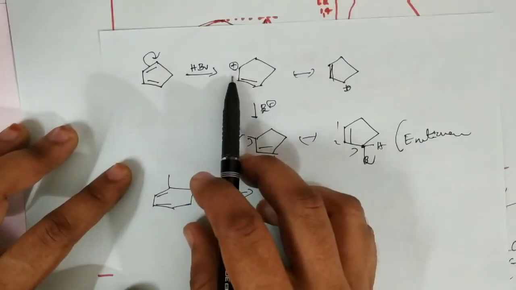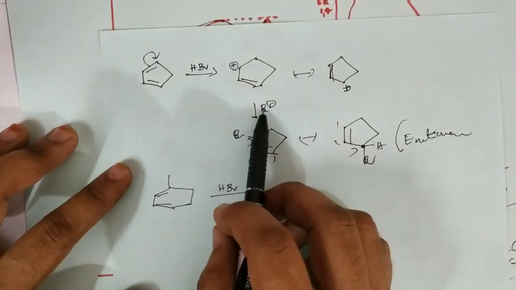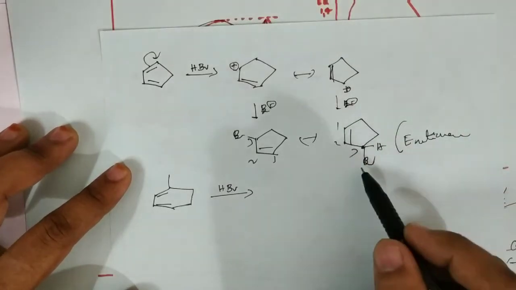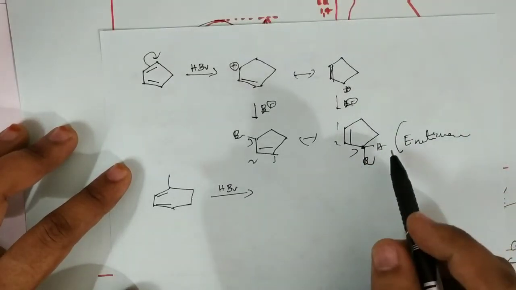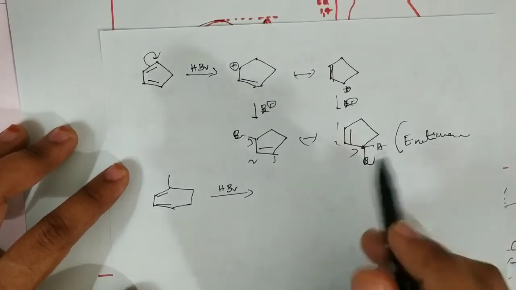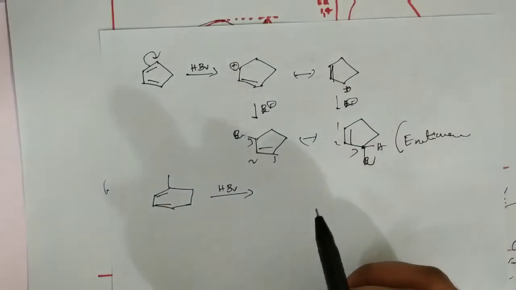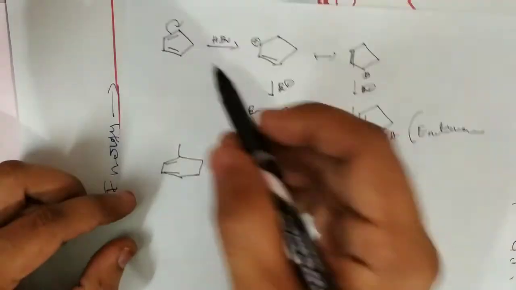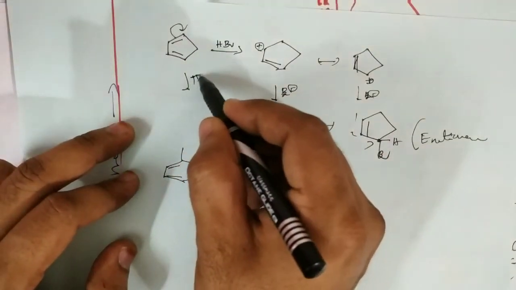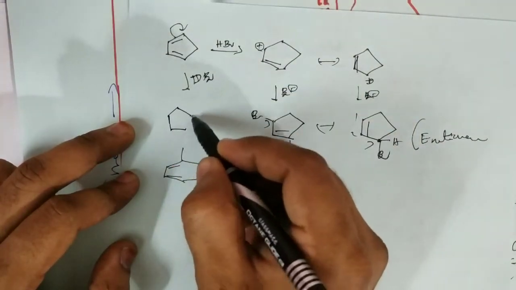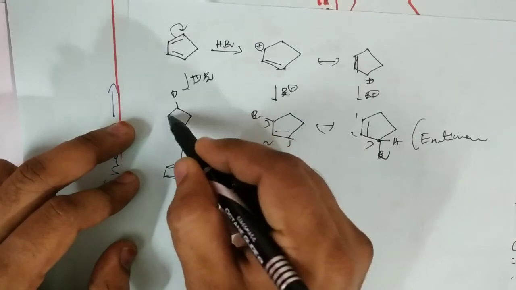Because the carbocation is planar, so it is attacked by the Br minus from either the front side or the back side. As a result we will get a mixture of two enantiomers, that means a racemic mixture in this reaction. Okay, and for suppose if you add DBr instead of HBr, we will get different products. Okay, that means here D, here Br.